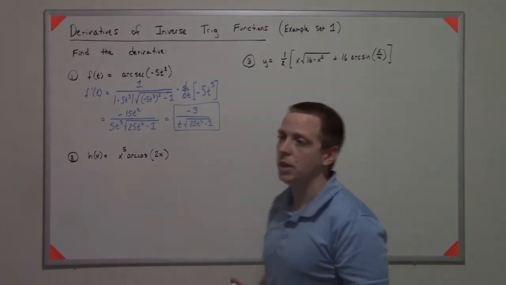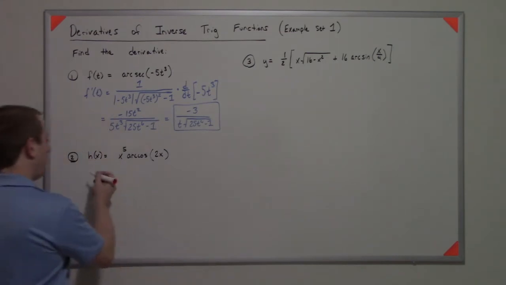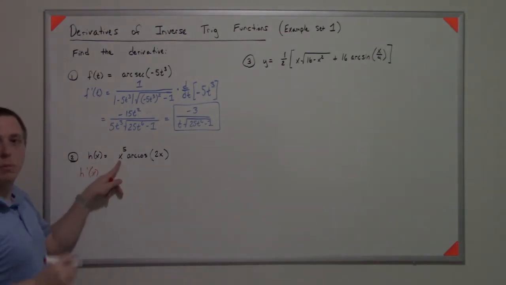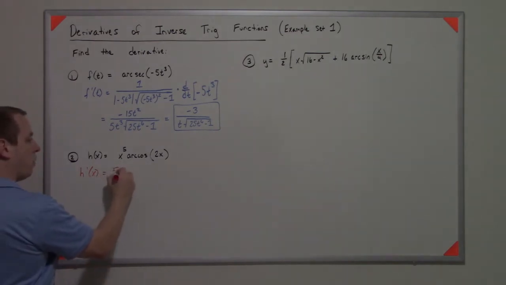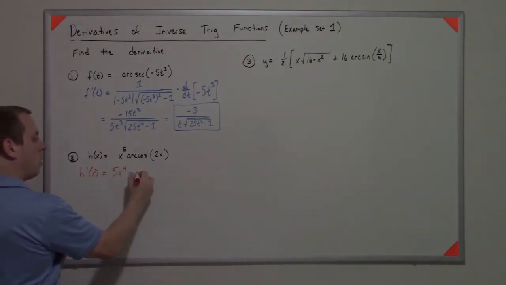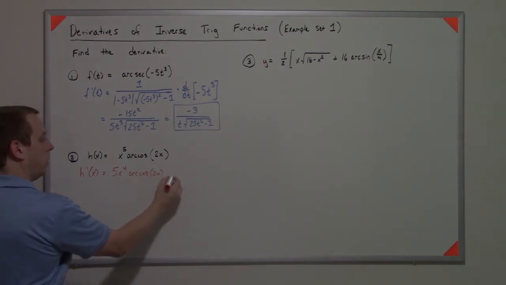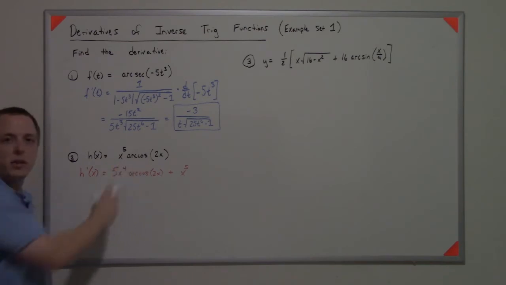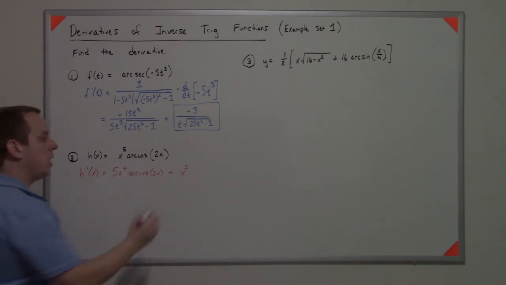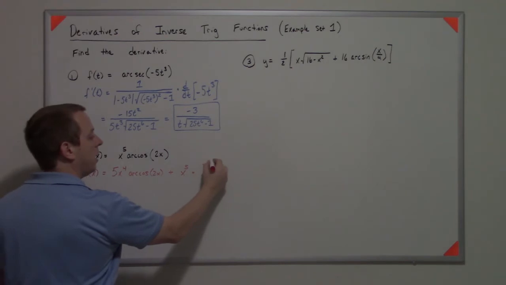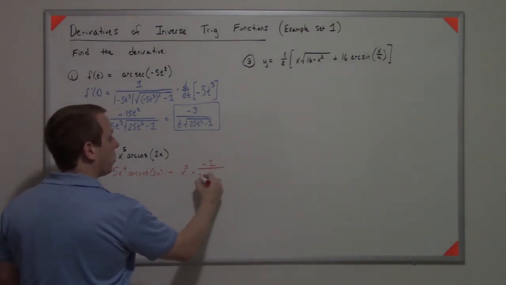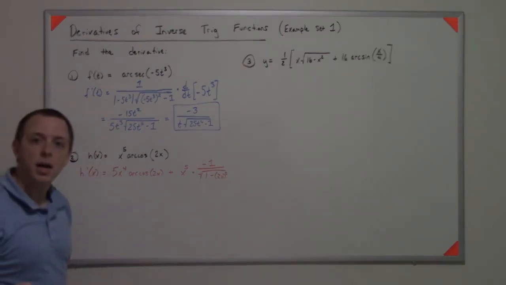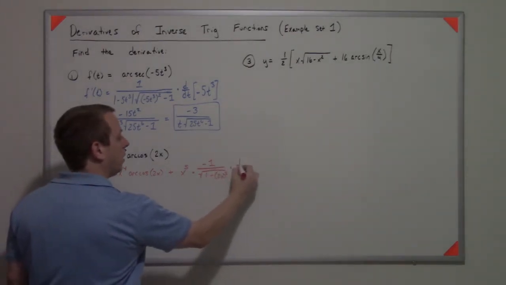So the derivative of this is going to be the derivative of the first term, which is 5x to the 4th, times the arc cosine of 2x, plus, hold this one constant, and we have to take the derivative of arc cosine of 2x. Now the derivative of arc cosine is negative 1 over the square root of 1 minus the thing squared times the derivative of the thing.